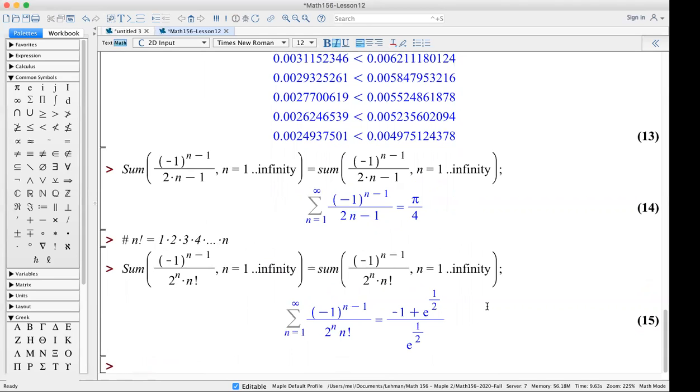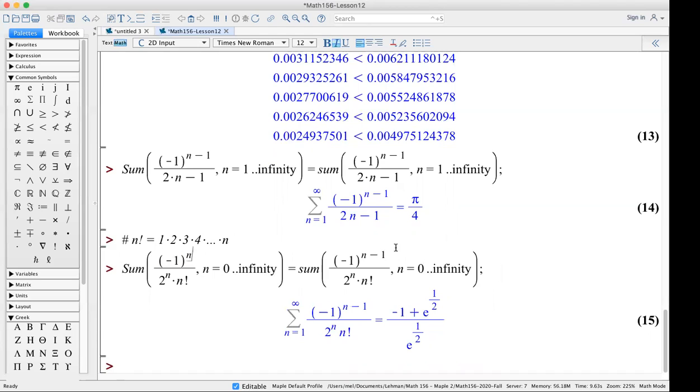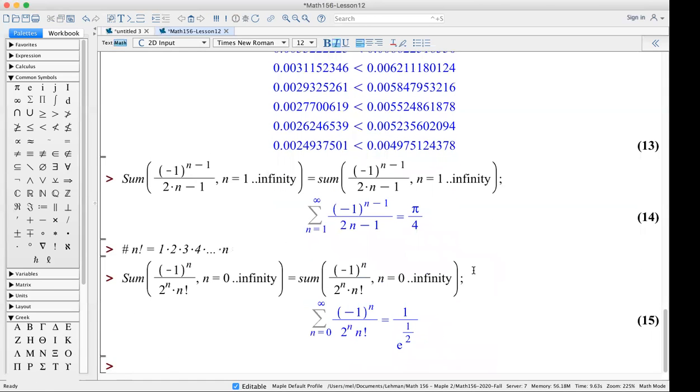That's curious. Okay, let's start at 0. Perfectly okay also. I like to start with the positive terms though. 1 over the square root of e.